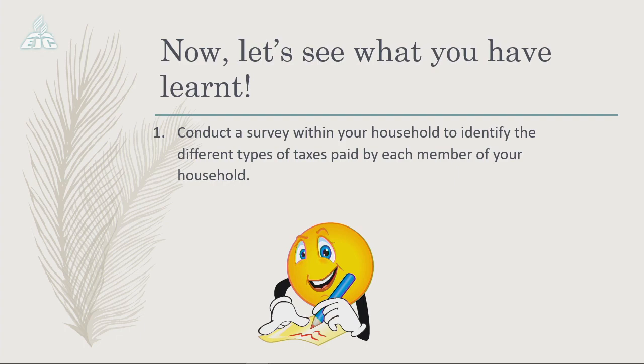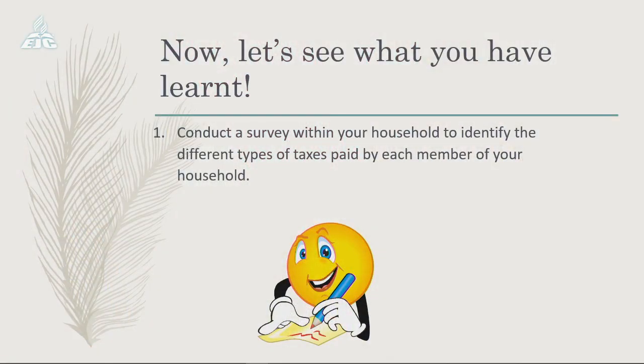Good? So the first thing I want for you to do, you're going to be conducting a survey within your household. Remember, you're not going outside. Good? So conduct a survey within your household to identify the different taxes that are paid by each member of your household.